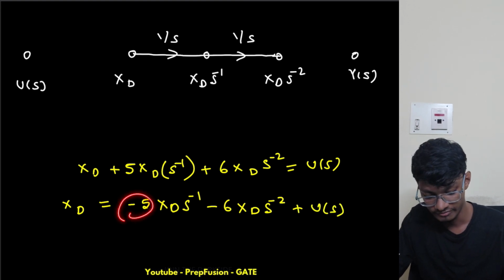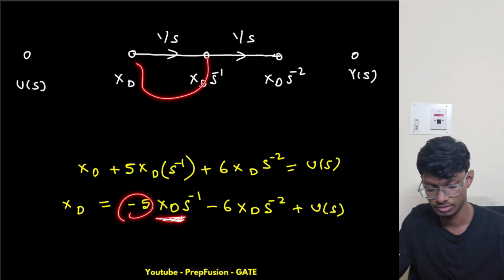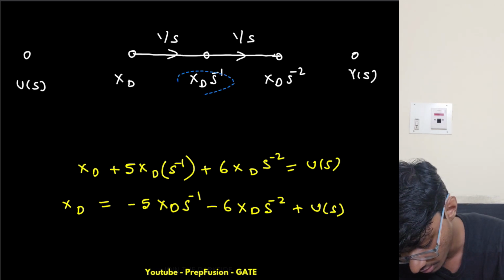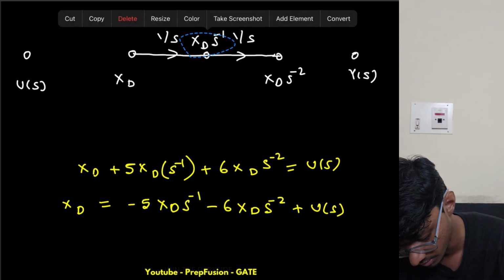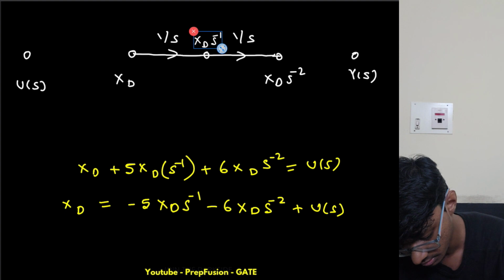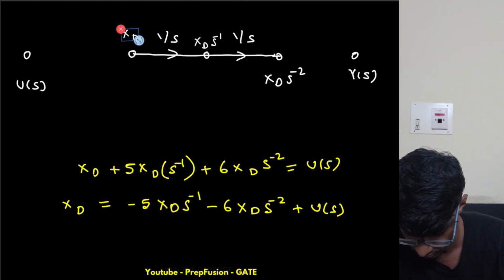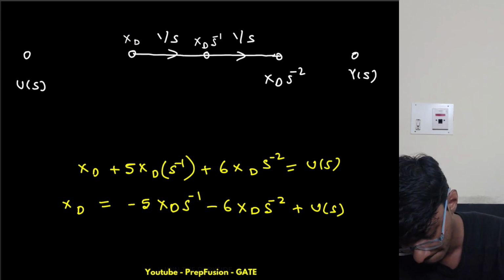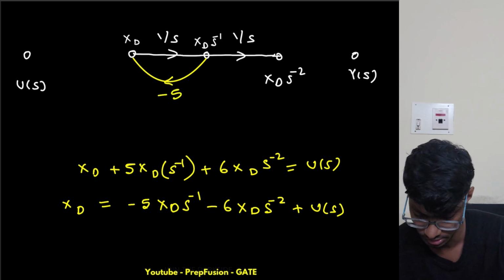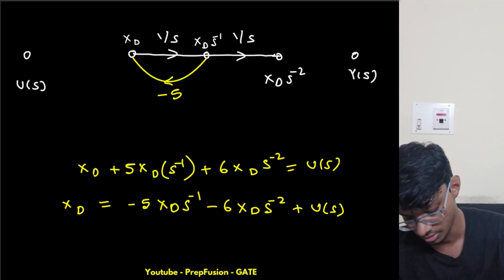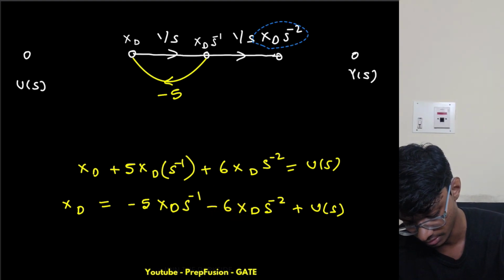So I have minus 5 times this xd of s inverse, so I have to bring one loop here as minus 5, right? So let me put this over here and reduce the size. So this is minus 5. Now I have minus 6 times xd of s to the power minus 2. So again, let me keep this over here.